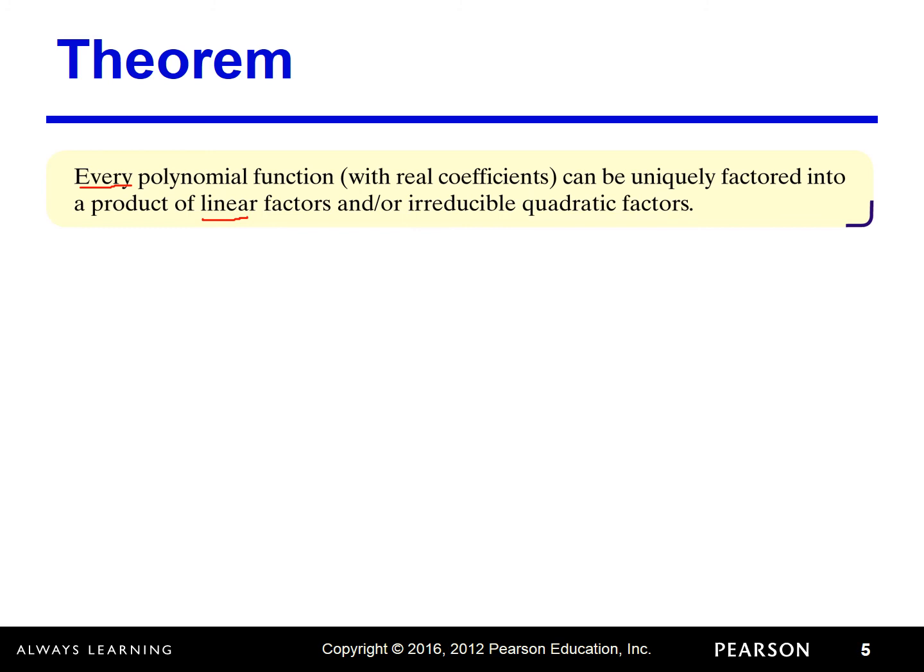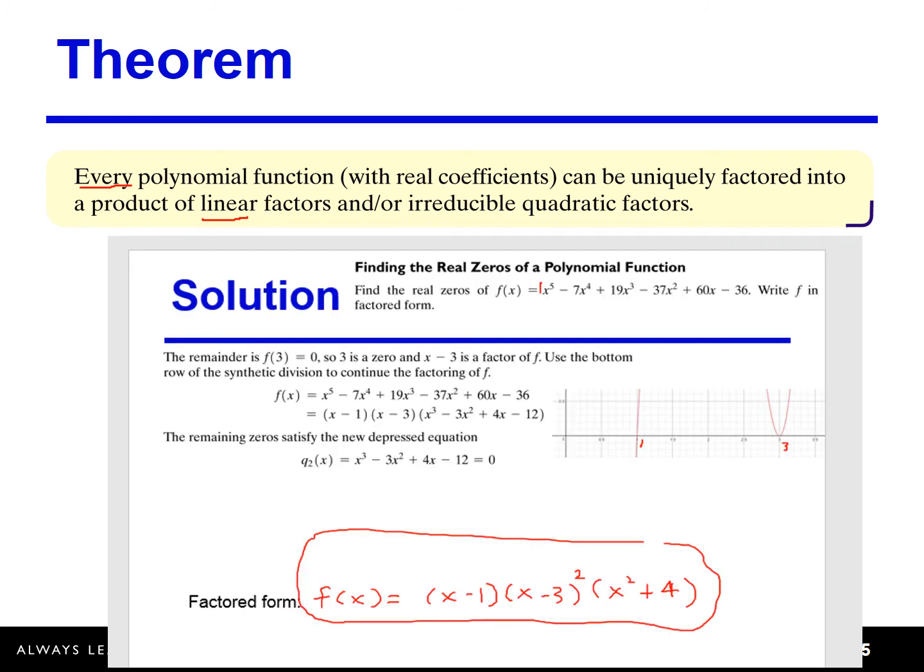And so this was actually the very problem we were talking about earlier. Here's an irreducible quadratic. It's irreducible because you can't factor it. And then we had two linear factors, and actually three linear factors if you consider the multiplicity of each. And so this is the factorization of f of x that's guaranteed by this theorem.